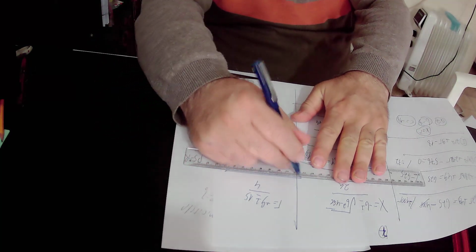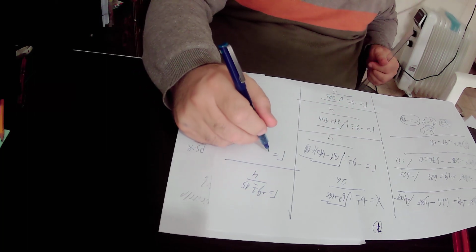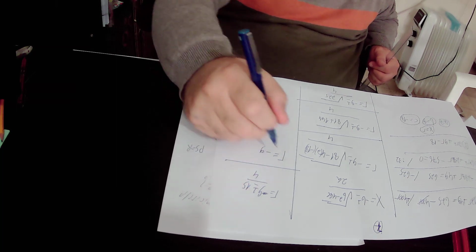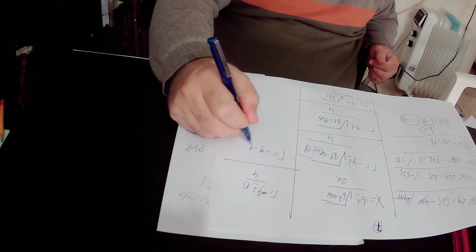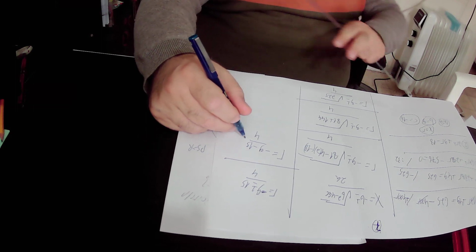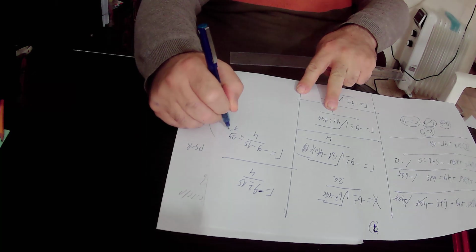The first solution for r is r equals minus 9 minus 15 over 4. Minus 9 minus 15 is minus 24, and minus 24 over 4 is minus 6.